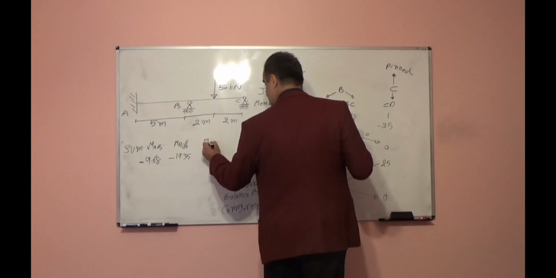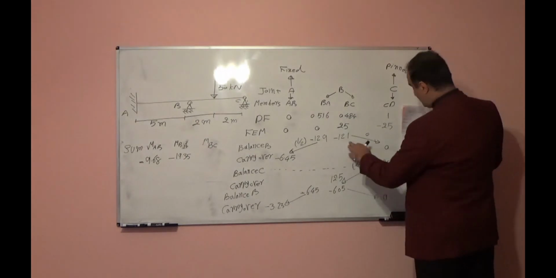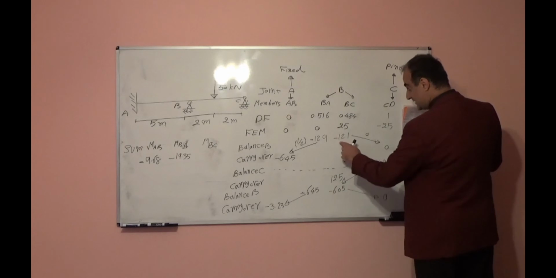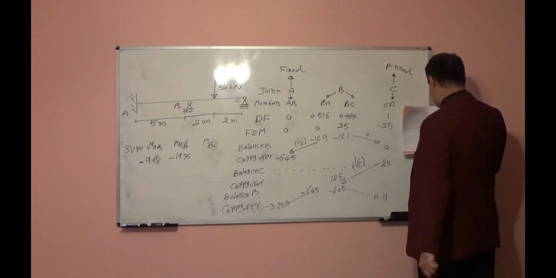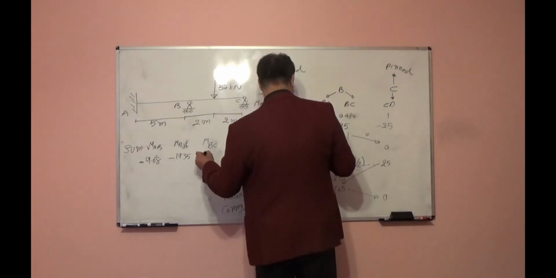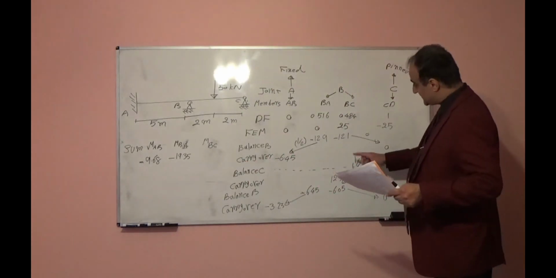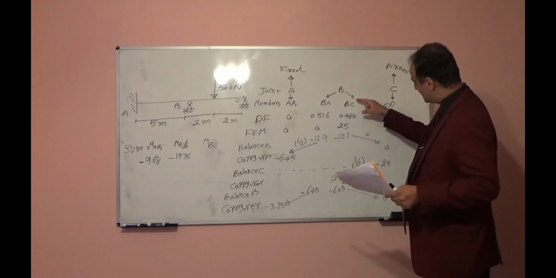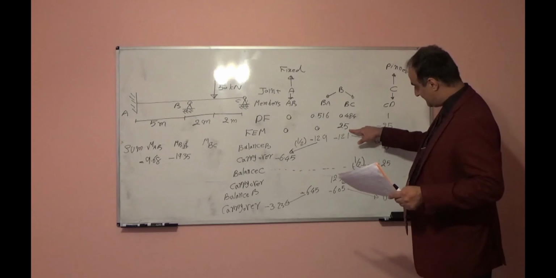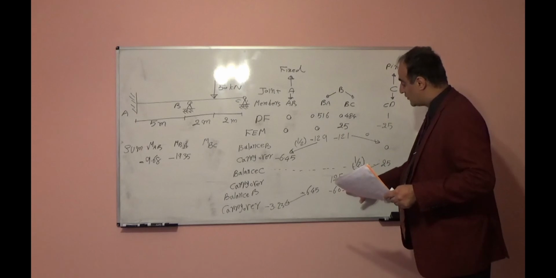For MBC, we will add 12.1 plus negative 12.5 plus negative 6.05. Let's see, here I made a mistake. Okay, for BC, we will add all moments together: 25 minus 12.1 minus 6.05.